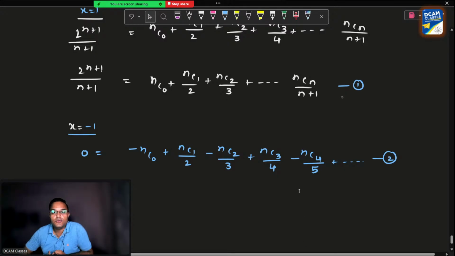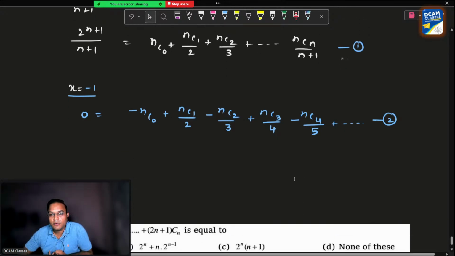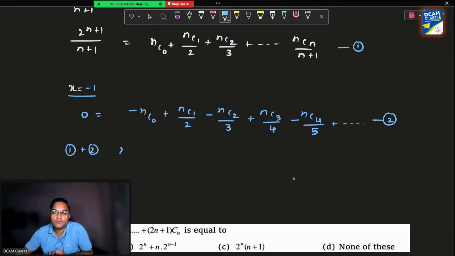Now, if you add them, we'll add them. If we add 1 plus 2, we'll get 2 power n plus 1 by n plus 1. And these things will be cancelled. This will be cancelled with this. This will be cancelled with this. And this will also be cancelled. They all won't add odd powers.